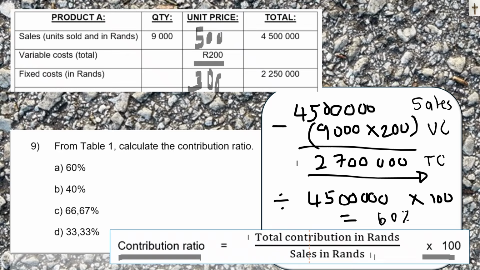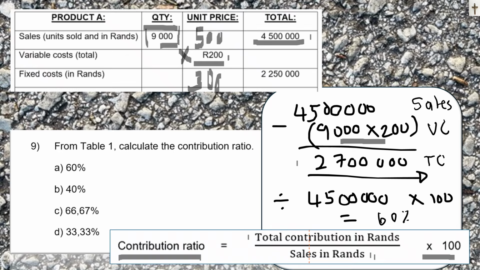So we've got the selling price, the sales in rands, 9,000 multiplied by 500 is 4.5 million. We need to take 9,000, because there were 9,000 units, multiplied by 200, away from the 4.5 million sales. So it's like sales minus cost of sales.